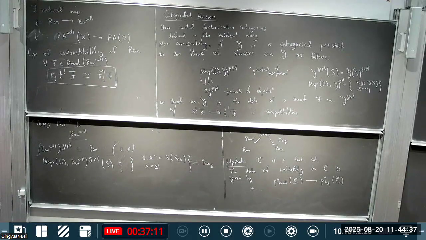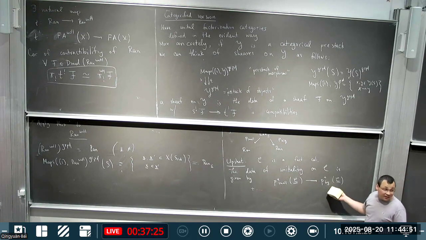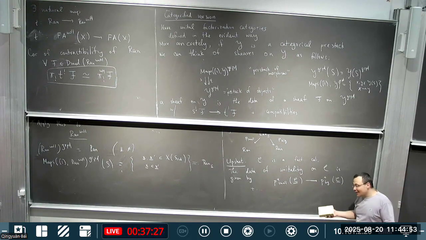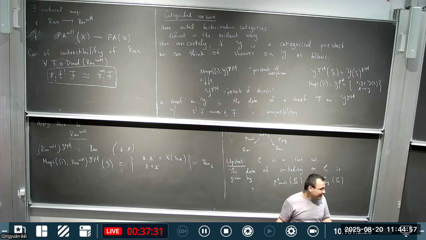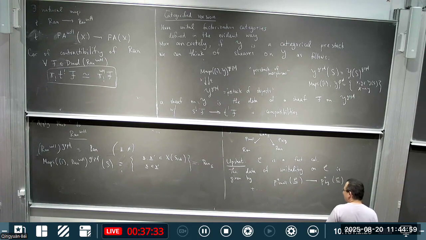Has that come up yet? Should I change it? Well, that was for D-modules. Cohomologically, people write lower shriek for the D-module pullback for good reasons.